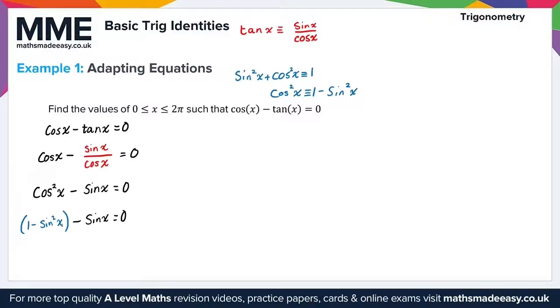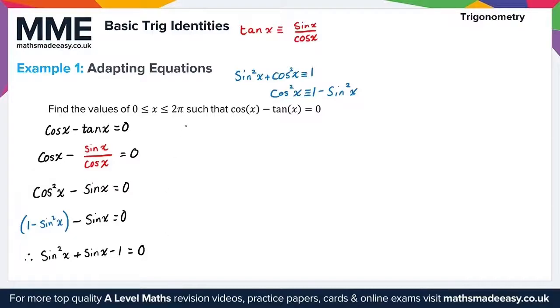As the sin squared x is negative, all I'm going to do is take everything to the right hand side. So we obtain sin squared x plus sin x minus 1 equals 0. What we've got now is a quadratic, and if you prefer, you can write this as a disguised quadratic.